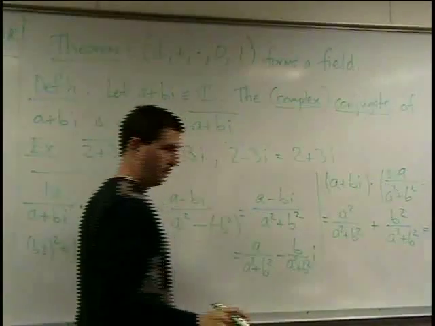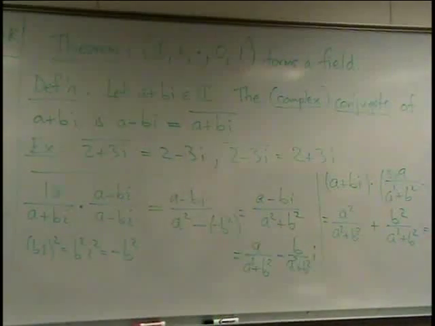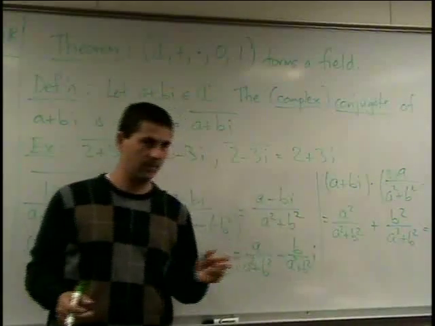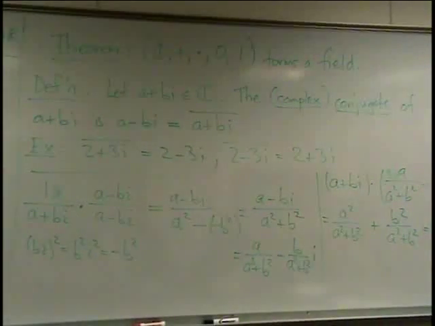Okay, so I said you should negate the imaginary part, or make it negative. But if it's negative, you want it to become positive. So when I say that, I really mean I want you to negate it, right? Doesn't matter if it's positive or negative to start. Okay. But what that means is the following.